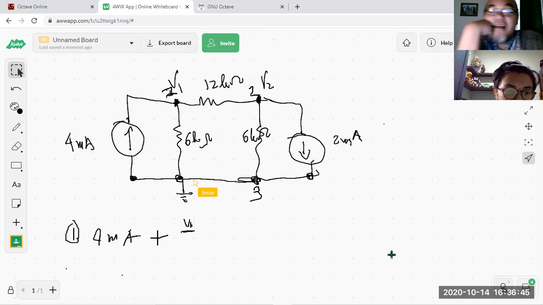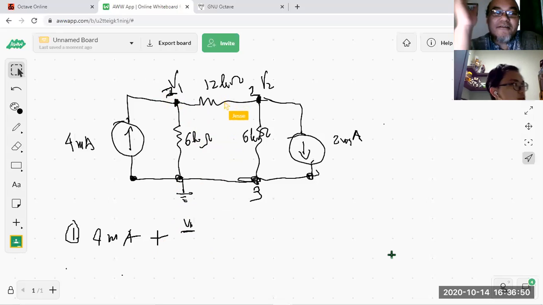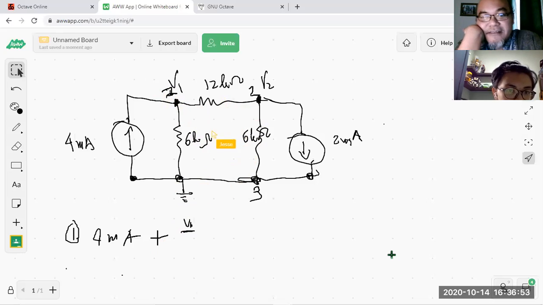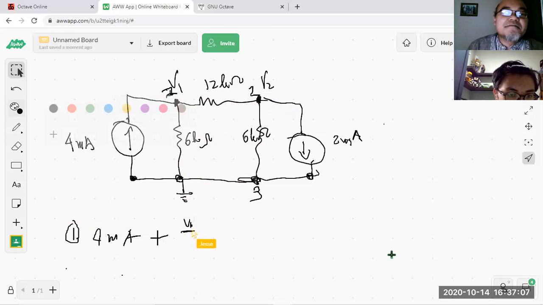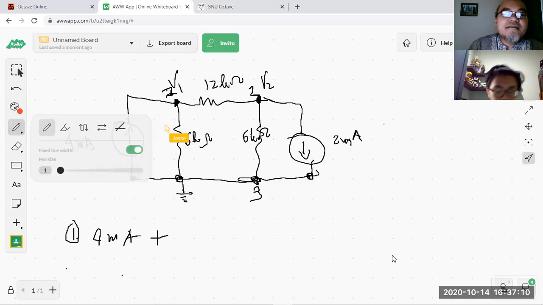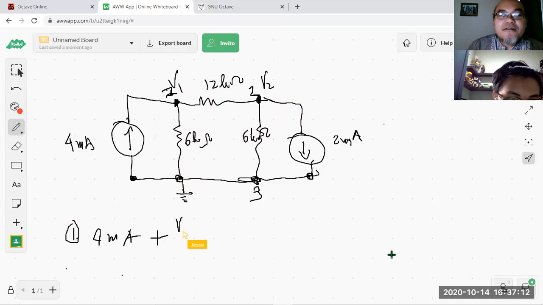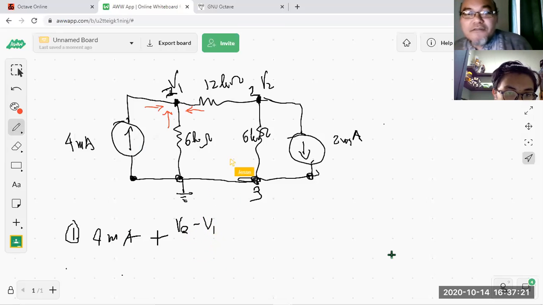So if entering node 1, it means V2 minus V1 divided by 12K, right? Yeah, so that will be V2 minus V1 divided by 12K.